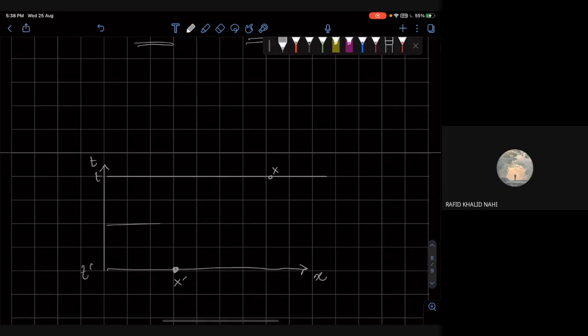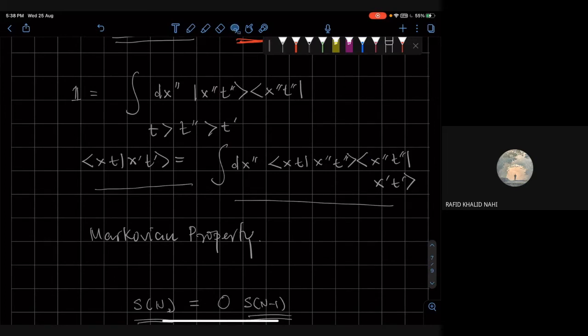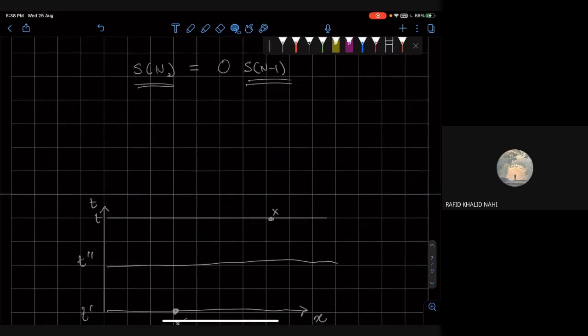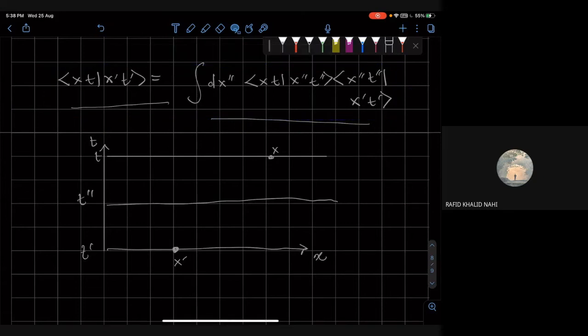And in between, there is another time slice, which is t double prime. So what this equation is saying, let me copy and paste this equation. So what this equation is saying is that we can propagate the system from here to here, but to propagate it, we first have to evaluate the propagator to all the middle points.